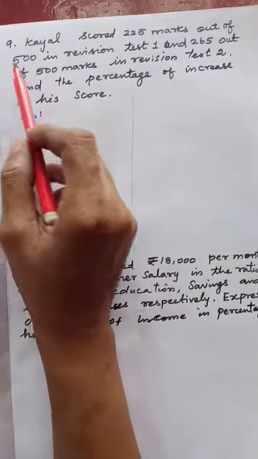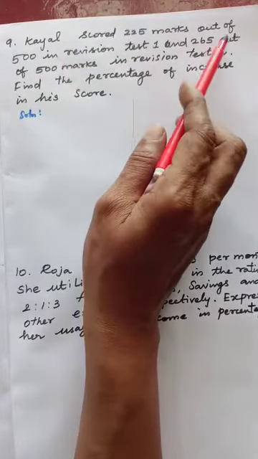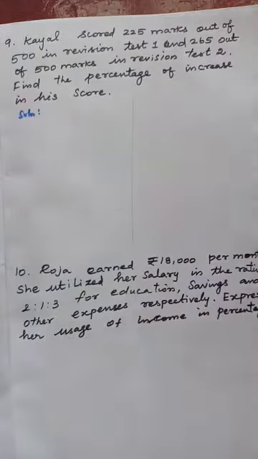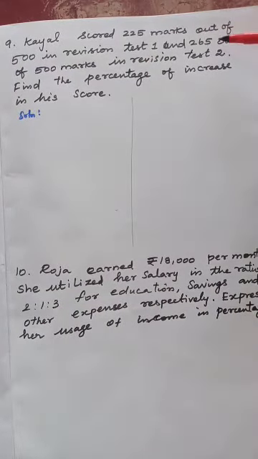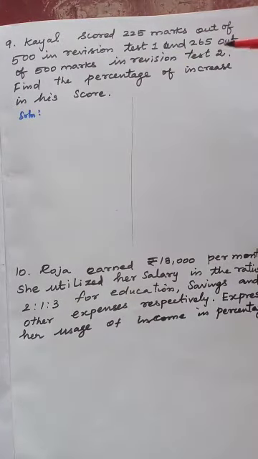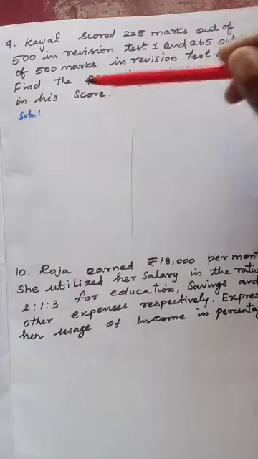Ninth problem. Kyle scored 225 marks out of 500 in revision test 1 and 265 out of 500 marks in revision test 2. Find the percentage of increase in his score.